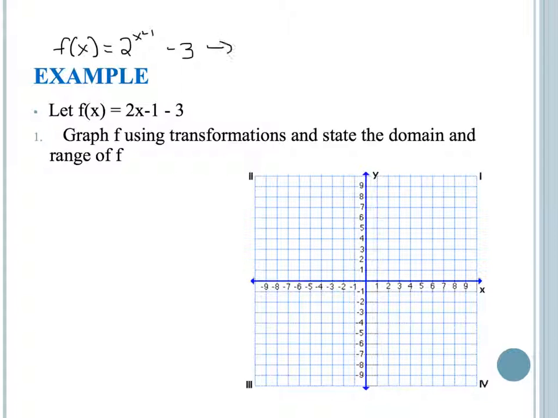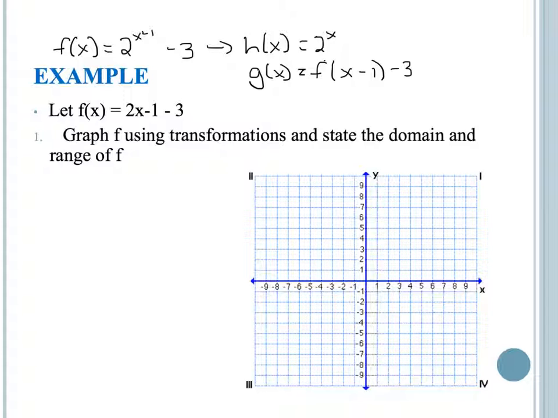I'm taking the function, let me call it h of x, that would be my original 2 to the x. Then I'm going to transform that using x minus 1 inside the parentheses and then minus 3.